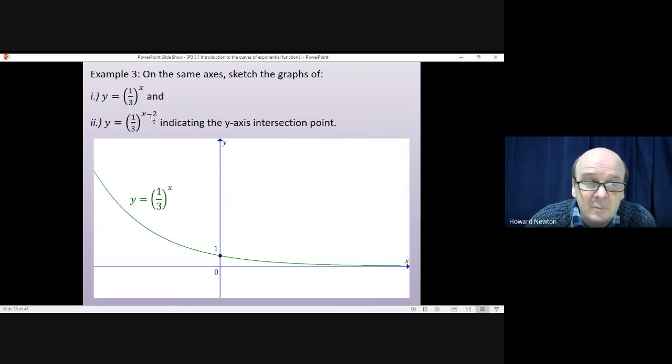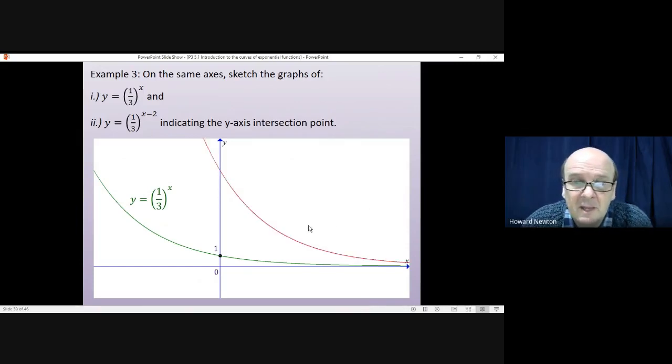Now, if we take away 2 from x, what that gives us is a translation in the x direction of plus 2. So this whole graph is just going to shift to the right by 2 units. And you get something a little bit like that. You've just got the original graph, the green graph, and it's just moved right. It's translated right by 2 units.